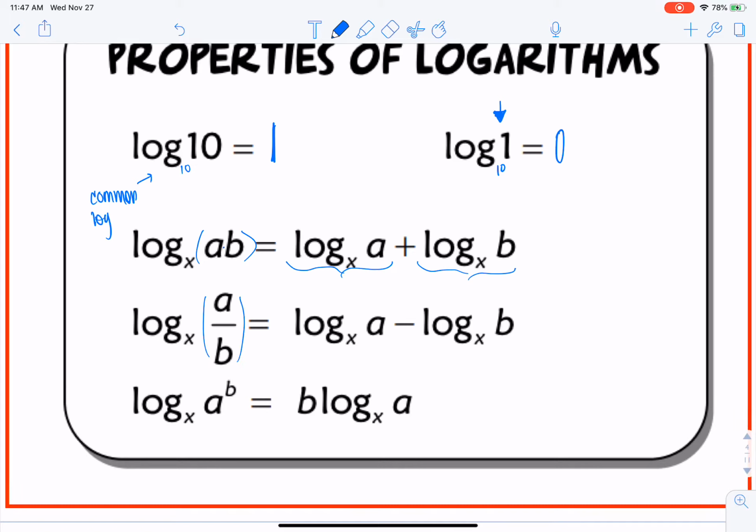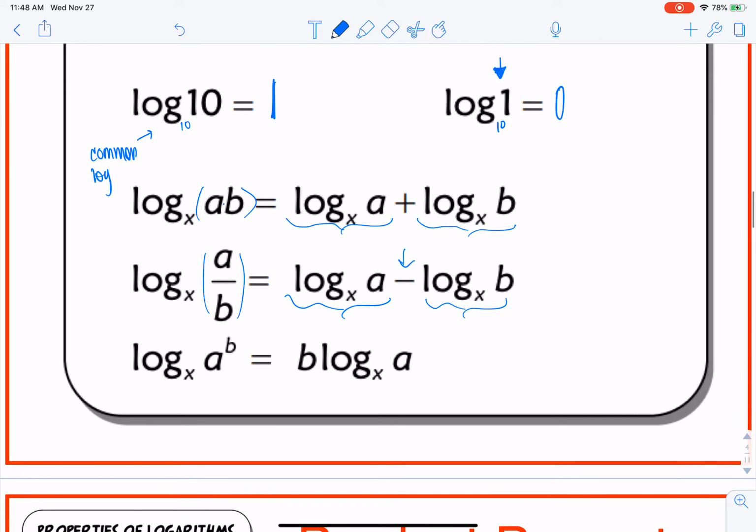Anytime I'm dividing two pieces within a logarithm, we can split that up using subtraction. And if I have an exponent, I can bring that exponent out front, and that will be equivalent to raising my log to that power. And we'll do some examples so that we can see why and how some of these really work.